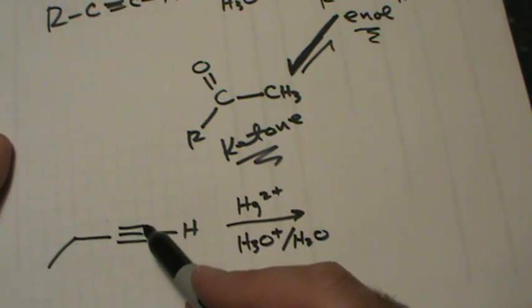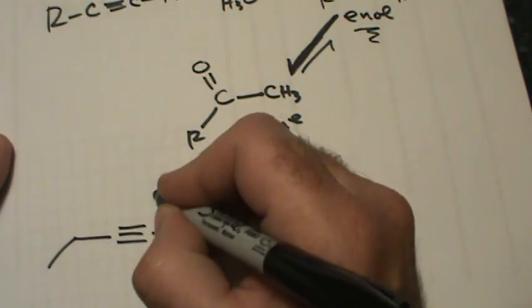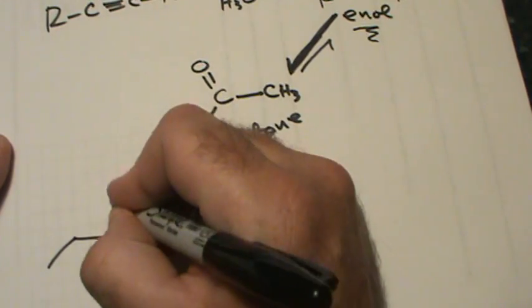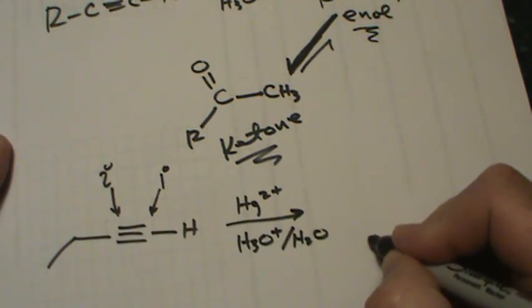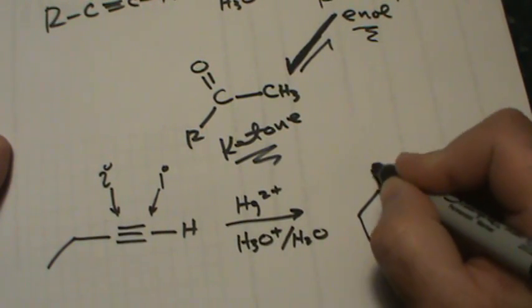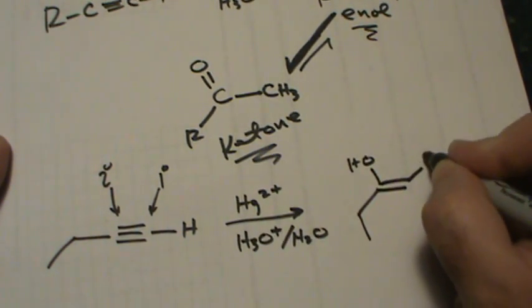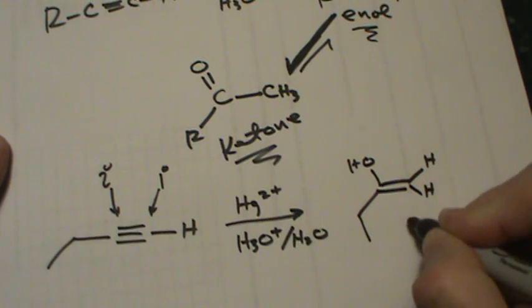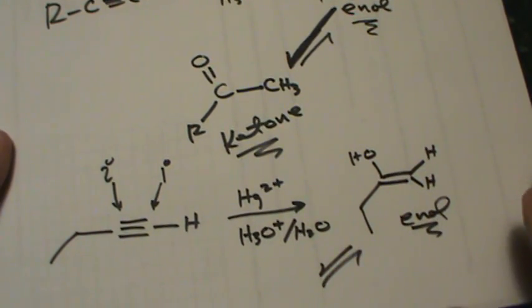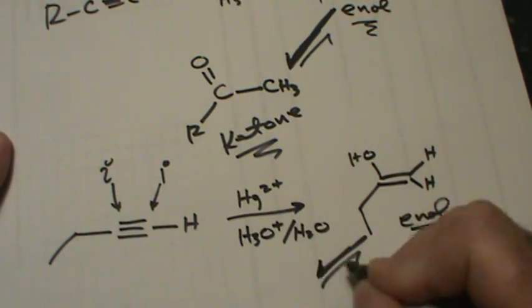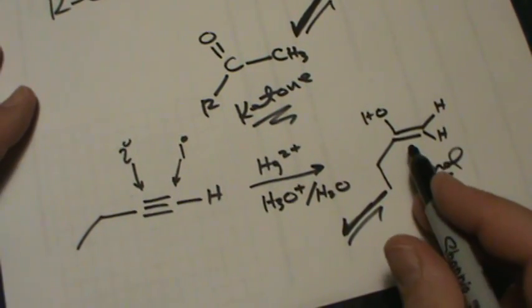We'll add hydrogen across the less substituted carbon and OH across the more substituted. That gives us the enol. But the enol is going to rapidly equilibrate, and the equilibrium will favor the ketone.